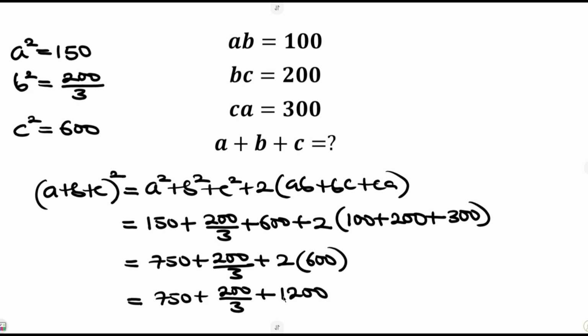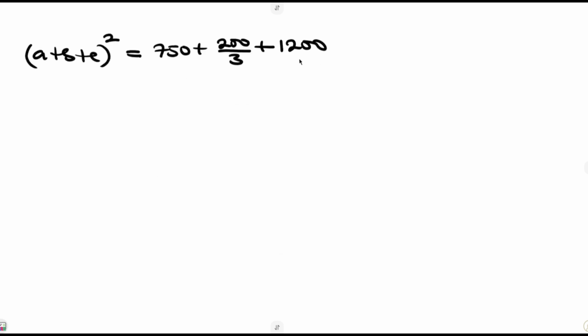Very good. Remember, this is a plus b plus c all raised to the power of 2. Now let's add up the terms that are not fractions. So this is equal to 750 plus 1200, which is 1950, plus 200 all over 3. Very good. So this is a fraction and this is not a fraction.